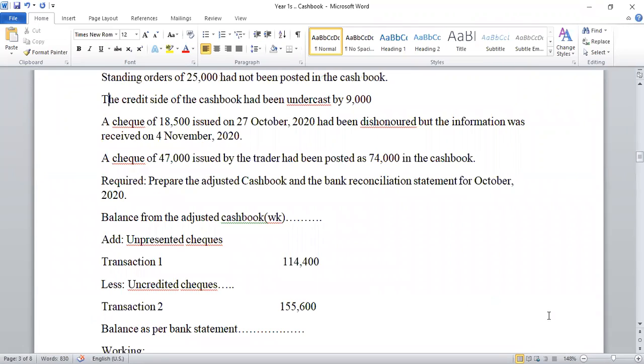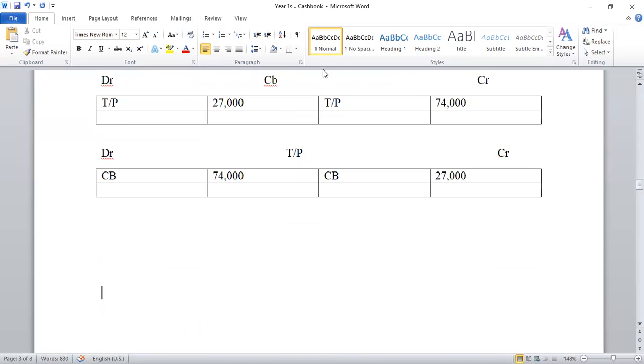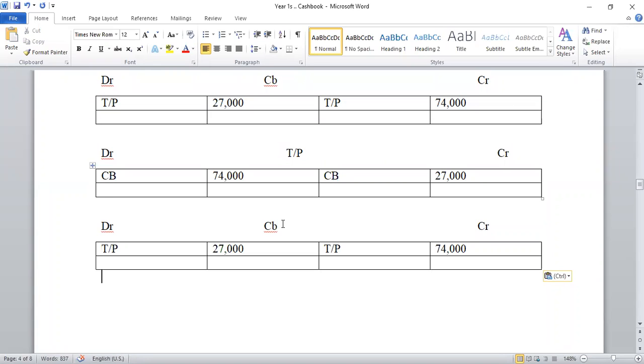Here they're saying the credit side of the cash book had been undercast by 9,000. So I'll give you a scenario. Unfortunately, here I will not show you two accounts. I want to show you the cash book only. This is my cash book.